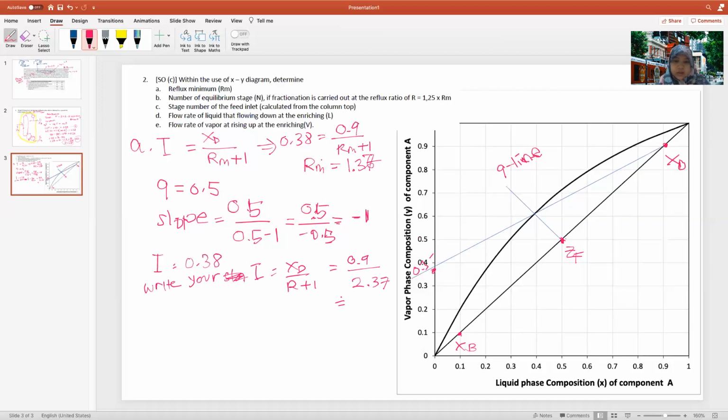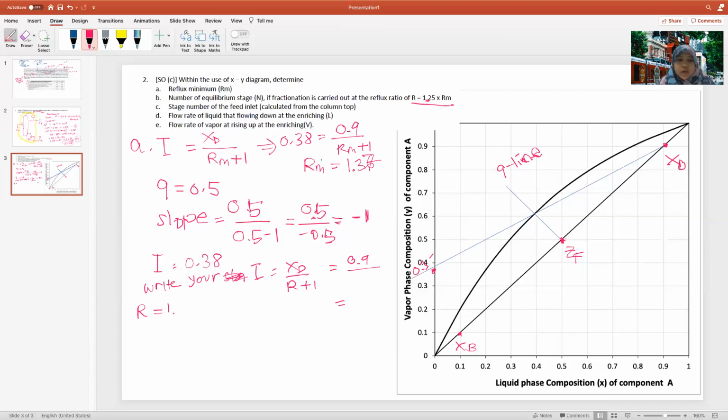So that becomes, oh no, not 2.37, but you need to find R first, and your R is this one, 1.25 multiplied by the minimum reflux.